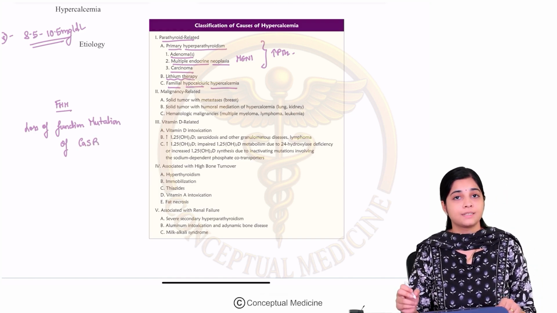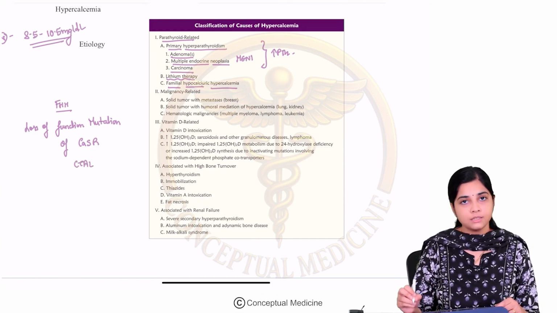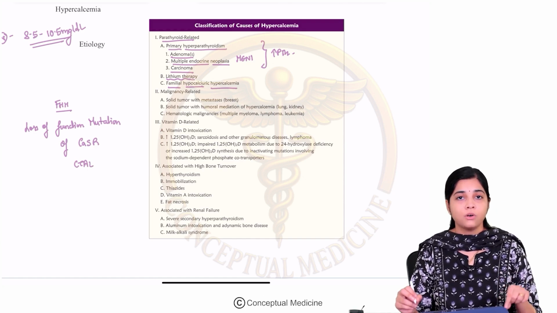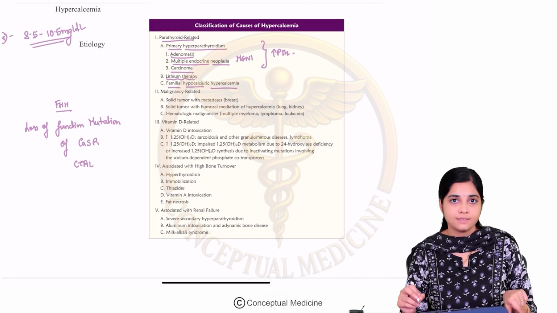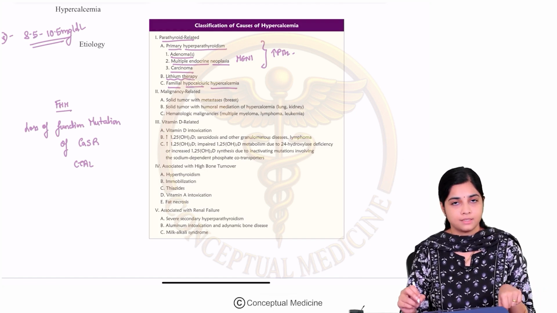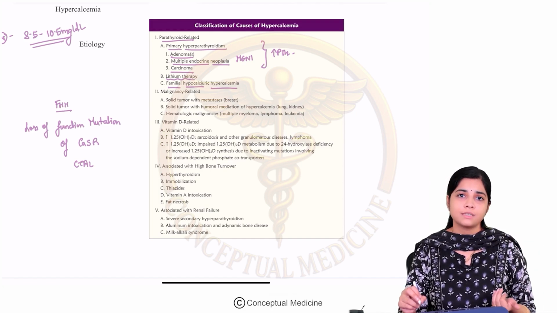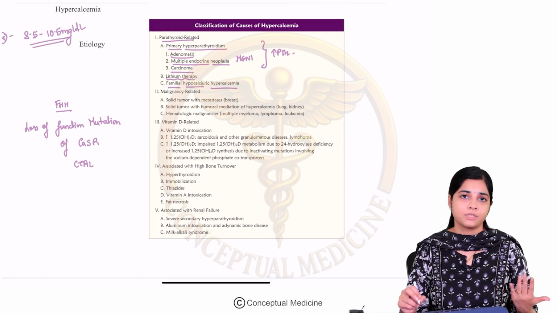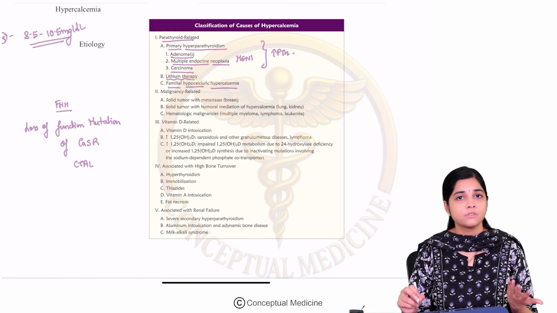Your calcium sensing receptor acts where? It acts on your CTAL, which is your cortical thick ascending limb of the loop of Henle, as we have just seen. So if there is a loss of function mutation of calcium sensing receptor, what is the function of CASR? The function of the calcium sensing receptor is that it detects the blood levels of calcium and causes excretion of calcium. So if the blood level of calcium is high, it is going to inhibit the reabsorption of calcium. Now there is a loss of function, CASR is not functioning.